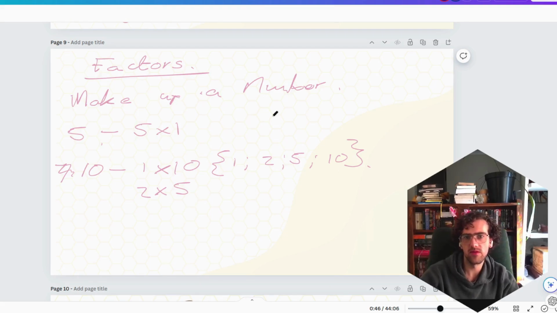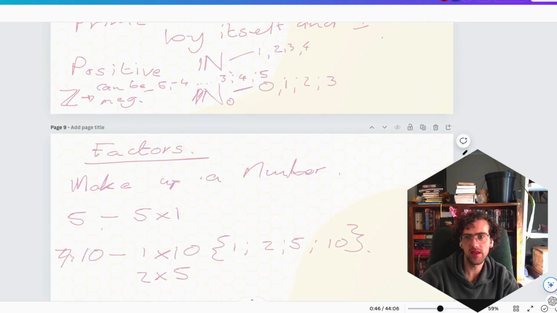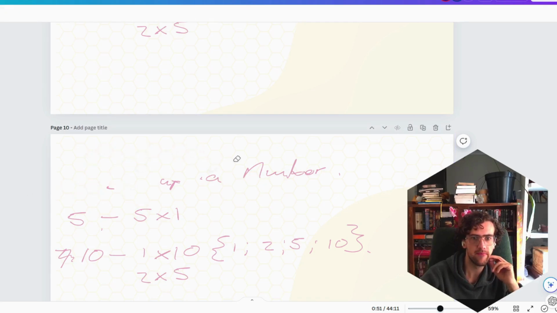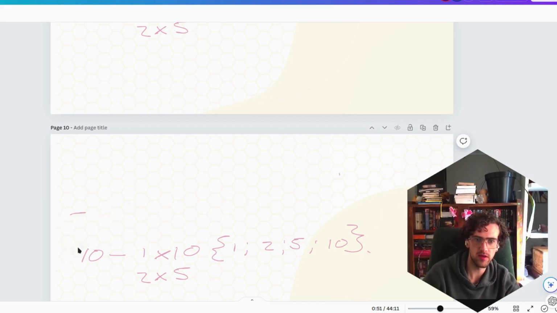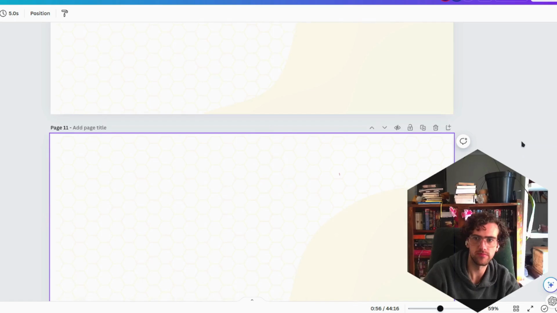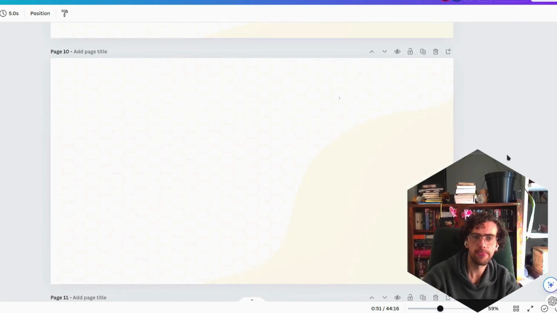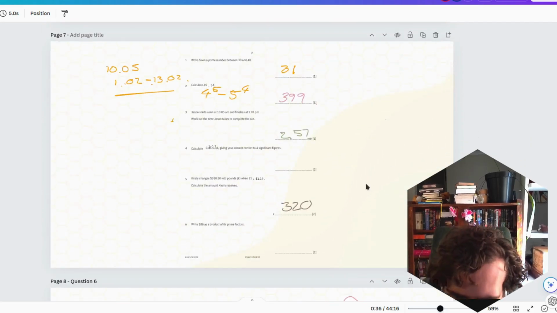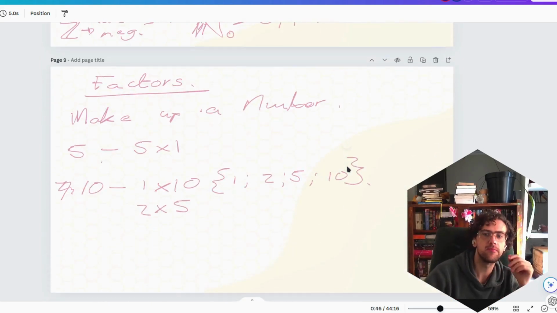So now let's look at, just delete this. Let me actually just use my eraser here. So if I want to write it as a product of its prime factors, I've got 180.